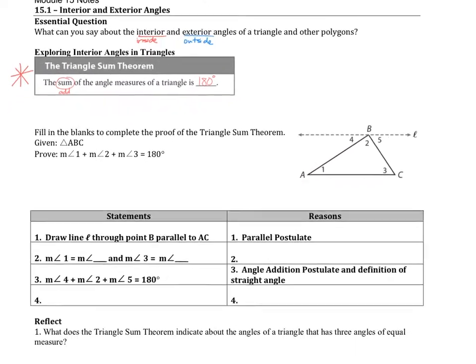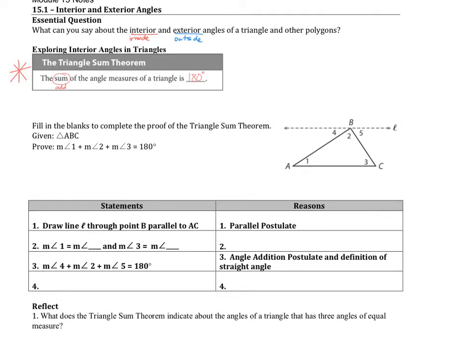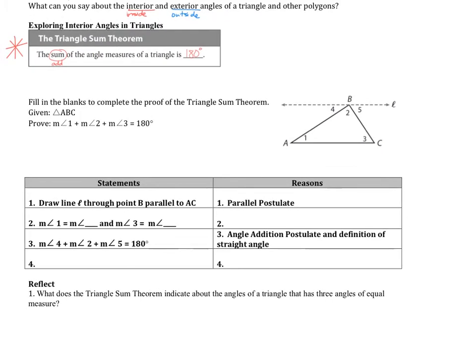And below we have the proof for that. So why does that happen? Every single triangle, no matter how you draw it, well, this is why. And so this proof says, given triangle ABC, which is the triangle off to the right here, prove that angle 1 plus angle 2 plus angle 3 equals 180 degrees.